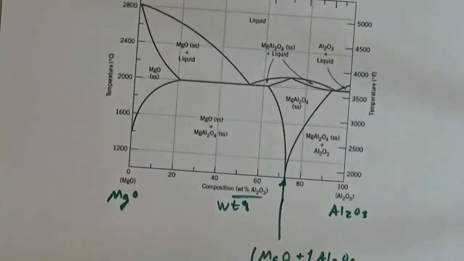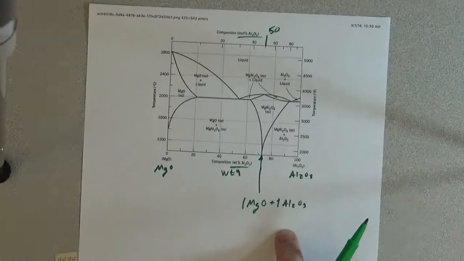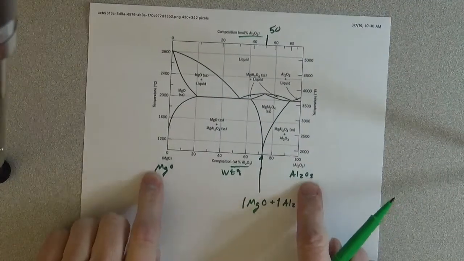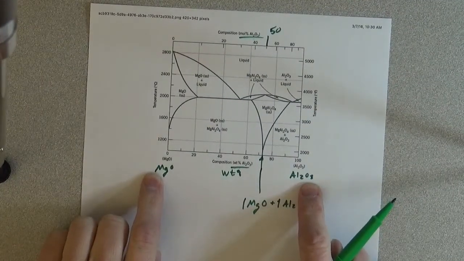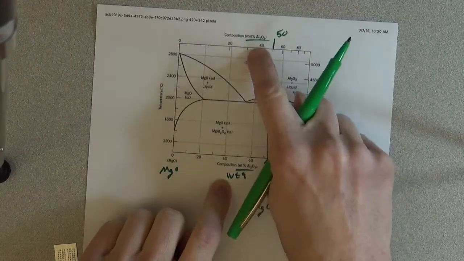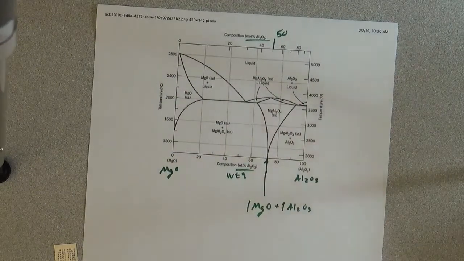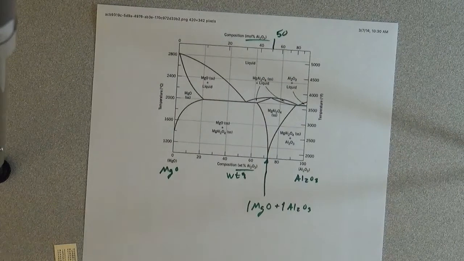Because it's exactly a 1-to-1 ratio of the two. So again, it's critically important to recognize which unit you're reading in, whether it's weight percent or molar percent. Your textbook seems to do everything in weight percent. Other texts do everything in a molar percent or atomic percent.